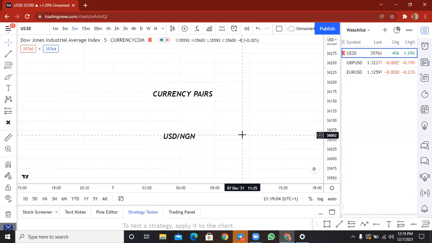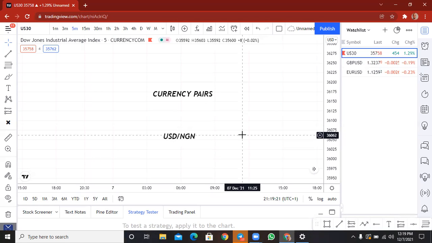Why it is written as USD NGN and not NGN USD is because in that place, what is of value, and what you are actually making this transaction for, is that you want USD.